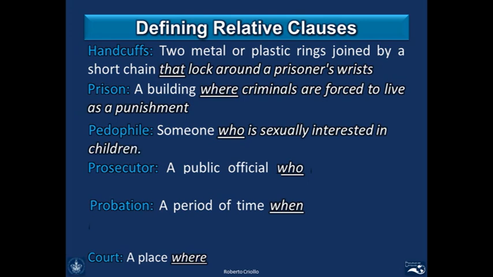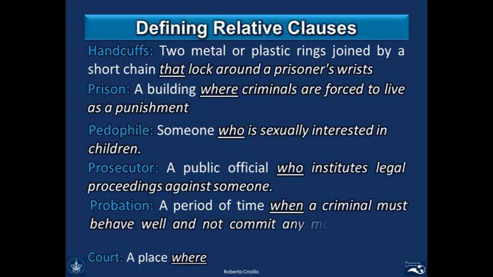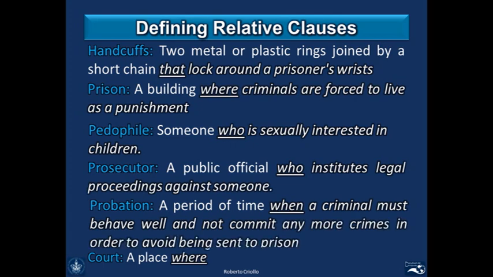A prosecutor is a public official who institutes legal proceedings against someone. Probation is a period of time when a criminal must behave well and not commit any more crimes in order to avoid being sent to prison. And finally, a court is a place where trials and other legal cases happen. So we can see here, with these definitions, the importance of defining relative clauses. They help us to define the subject.